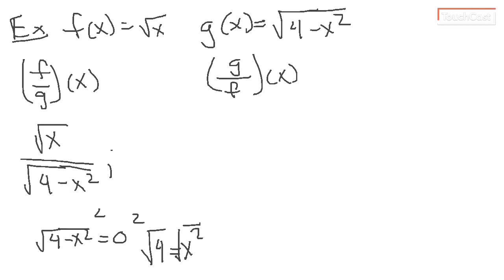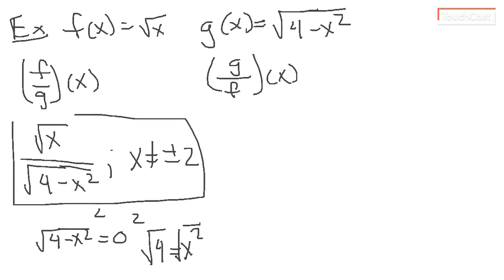We'll find that x, to make our denominator equal 0, would be plus or minus 2, but we don't want those values. We can't have our denominator equal 0. So f over g of x is going to be the square root of x over the square root of 4 minus x squared, and x cannot be positive 2 or negative 2.